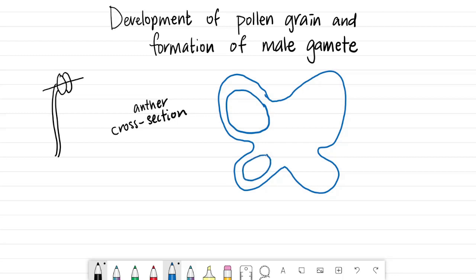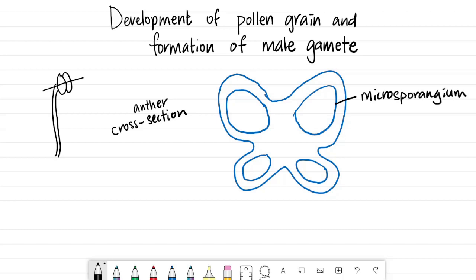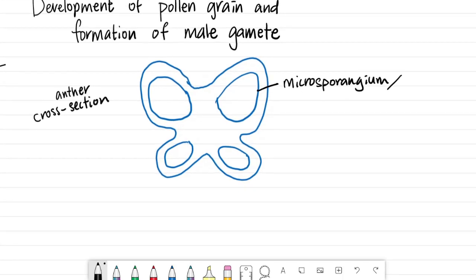It has 4 parts and 4 microsporangium. So this is what is called a microsporangium. It also has another name. It can be called a pollen sac. If you see the word sac, S-A-C, it means it is a type of bag and it contains something.